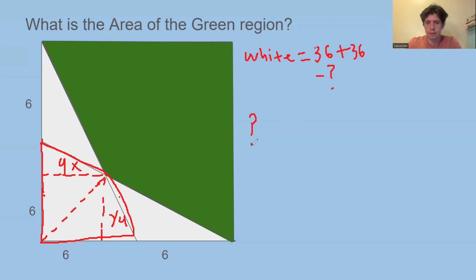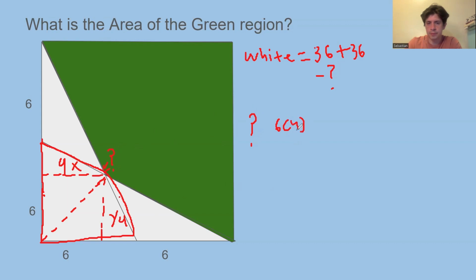Question mark is that region right here. So we have this triangle here, which is 6 by 4, and this triangle, which is 6 by 4. So it's all divided by 2.